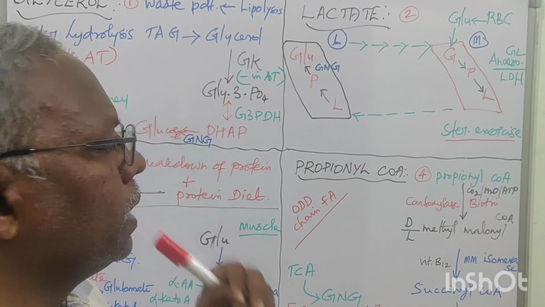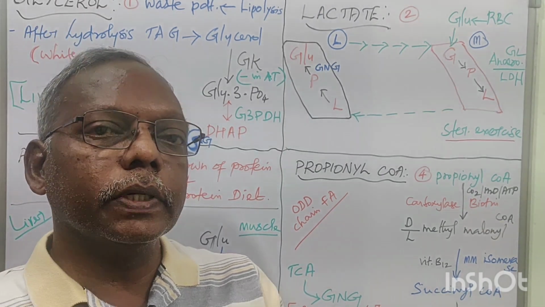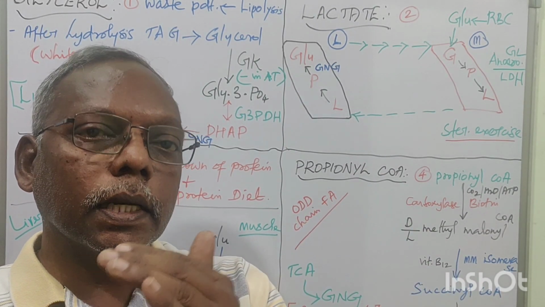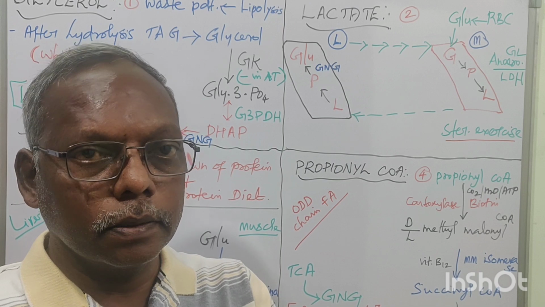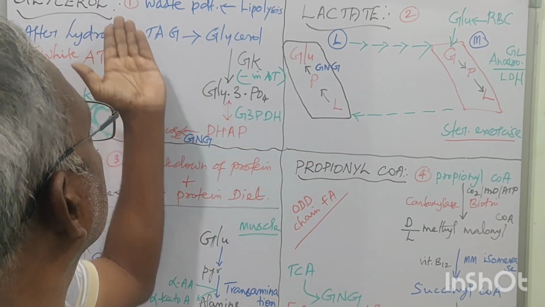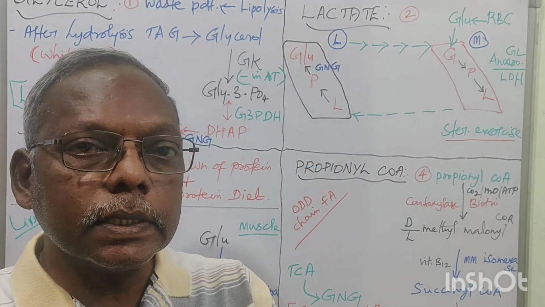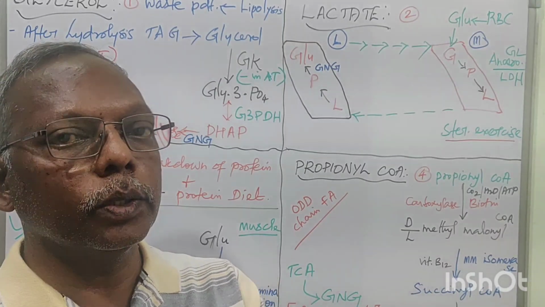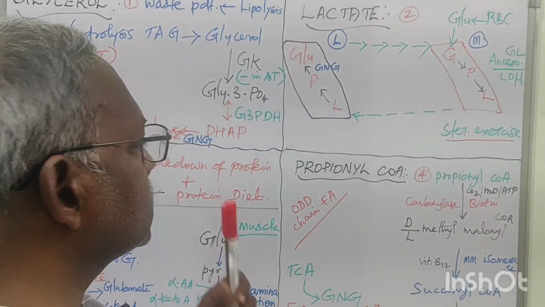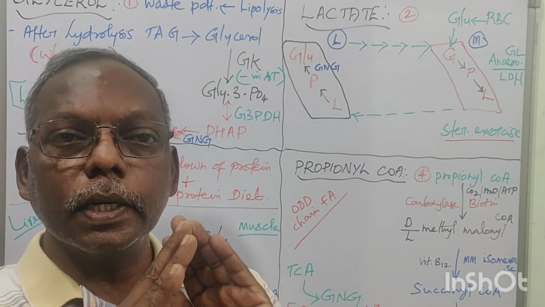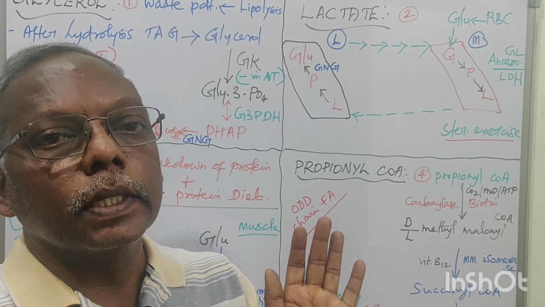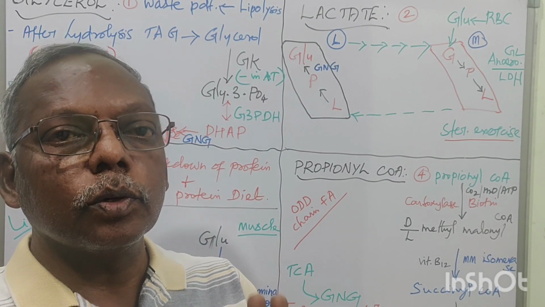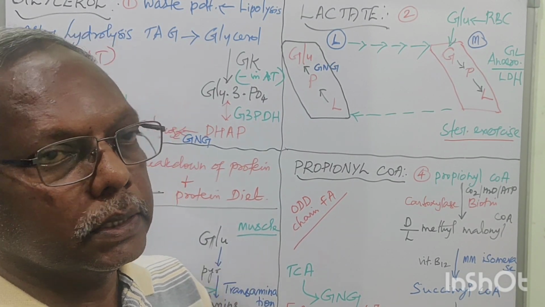Dihydroxyacetone phosphate enters the pathway of gluconeogenesis and finally produces glucose. So this is how glycerol synthesizes glucose. The two organs are liver and kidney only, but in adipose tissue there is no glycerol kinase, so no place for gluconeogenesis.